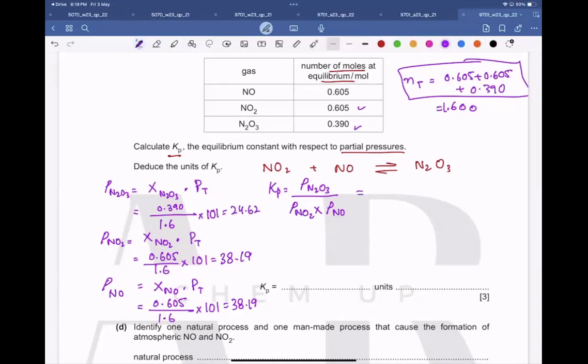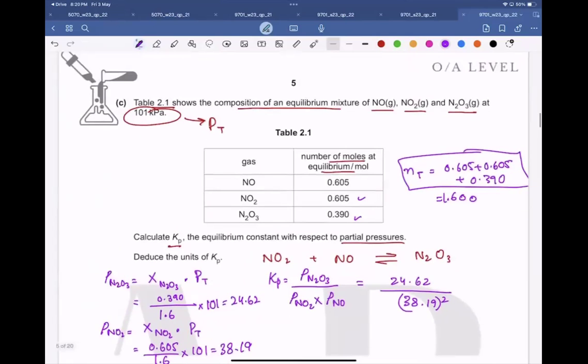So 24.62 divided by 38.19 squared, because you have 38.19 times 38.19. Now calculate the value of Kp, please. They are asking for the unit.